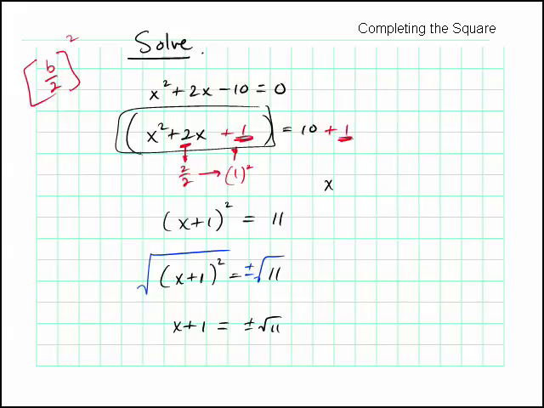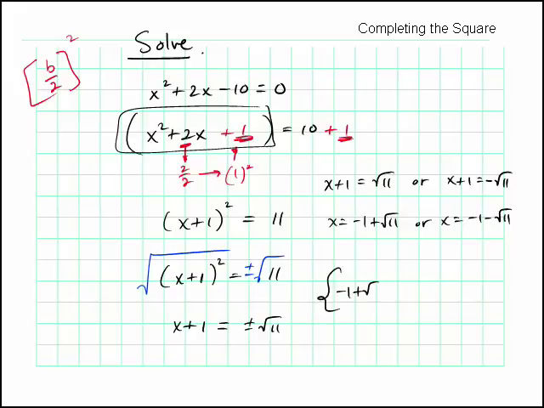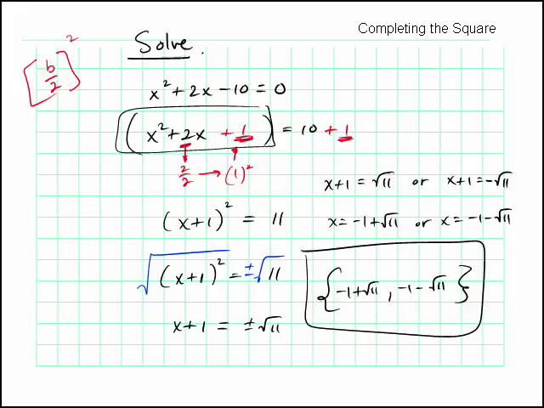So x plus 1 equals positive square root 11, or x plus 1 could equal negative square root 11. My two solutions are negative 1 plus square root 11 and negative 1 minus square root 11. Both solutions to our equation.